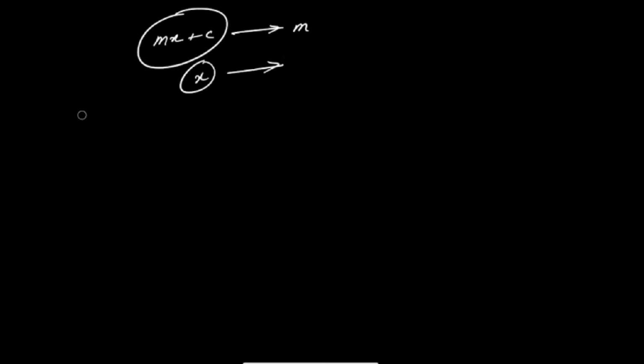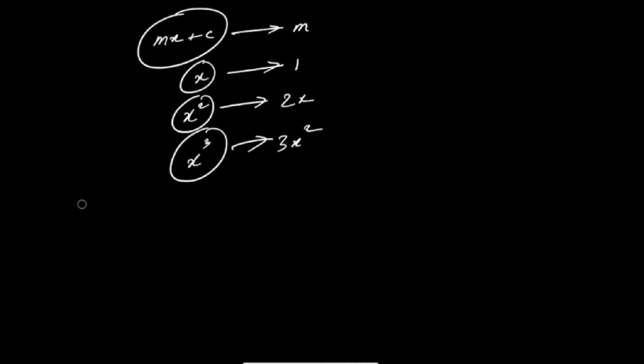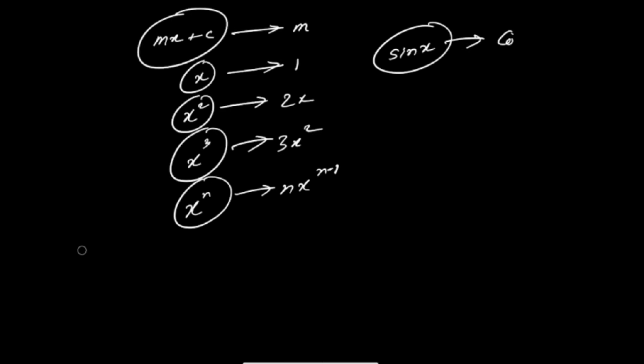The derivative for mx plus c was m. For x it was 1. For x squared it was 2x. For x cubed it was 3x squared. For x power n it was n into x power n minus 1. For sin x it was cos x. For cos x it was sin x.